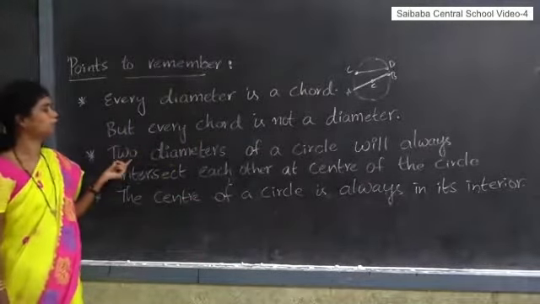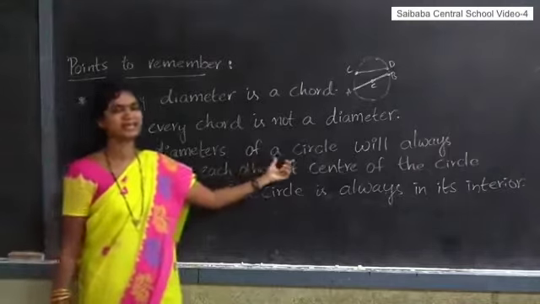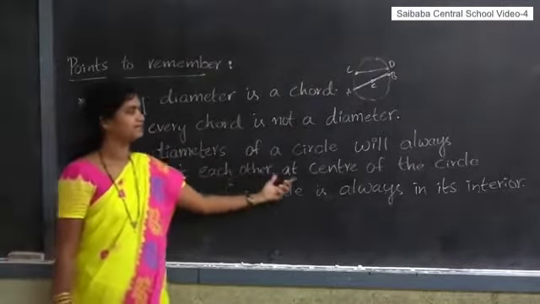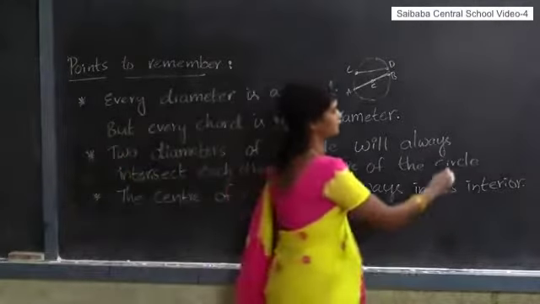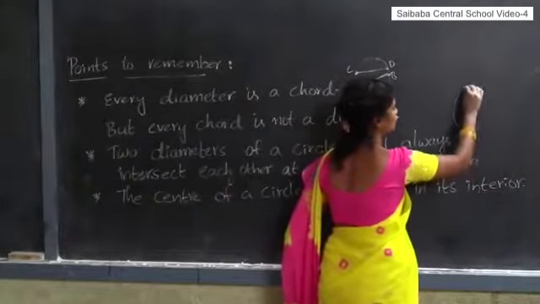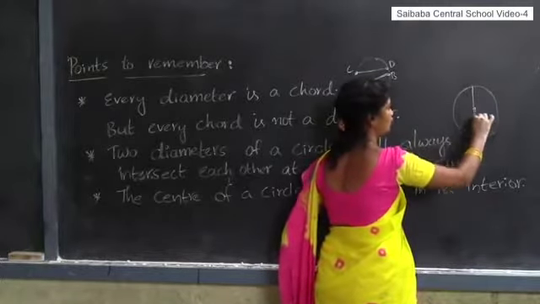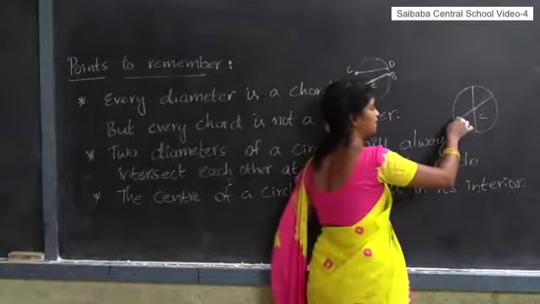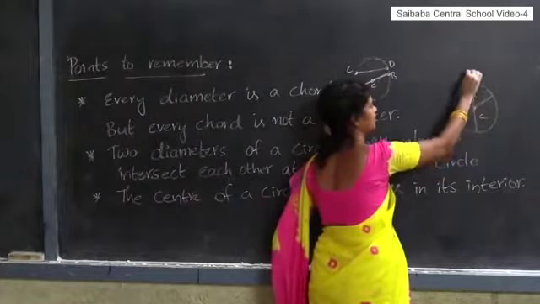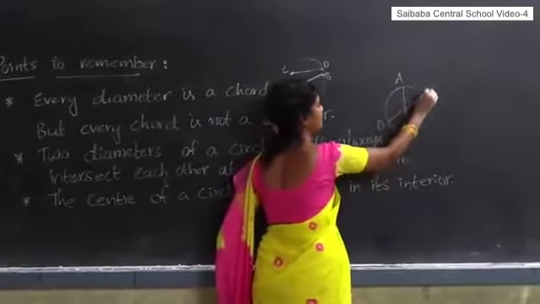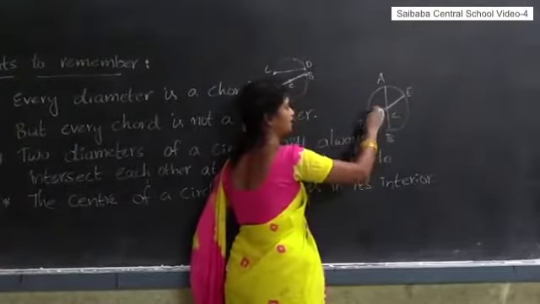Next one, two diameters of a circle will always intersect each other at the center of the circle. So if you draw two diameters, both the diameters will pass through the center only. Here AB is one diameter and DE is another diameter.